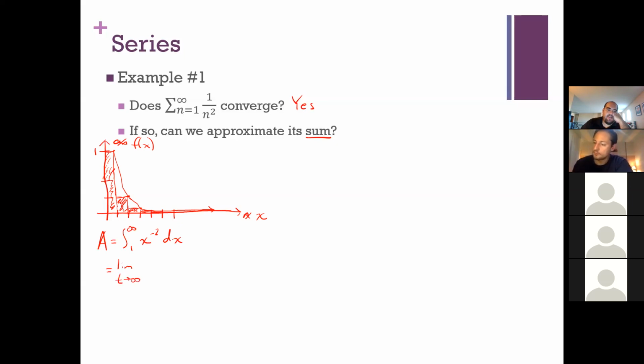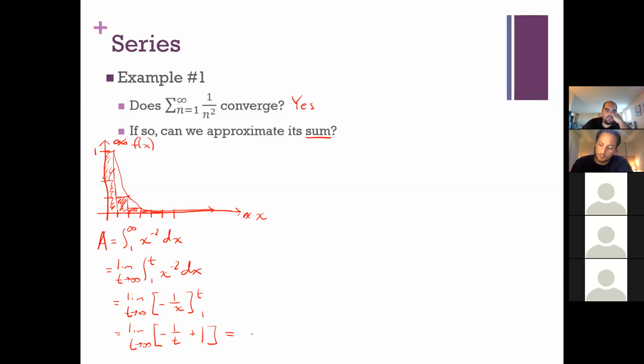So limit as t approaches infinity of the integral from 1 to t. And as t approaches infinity, -1/t will vanish, it will go to 0.